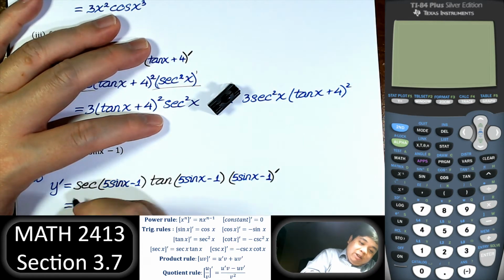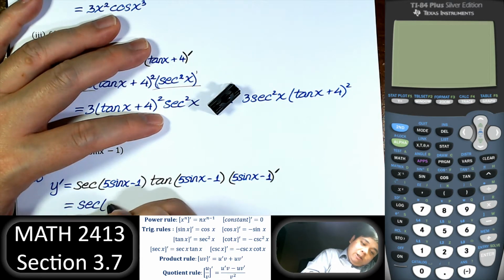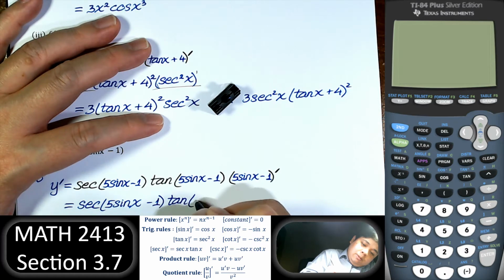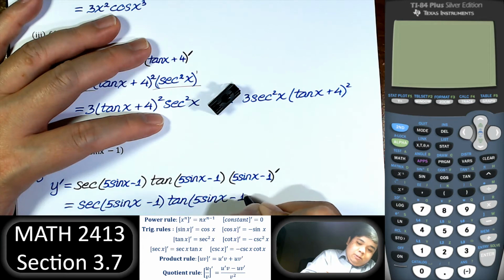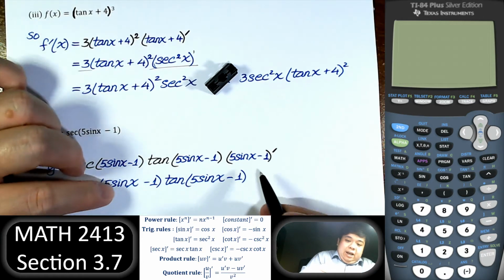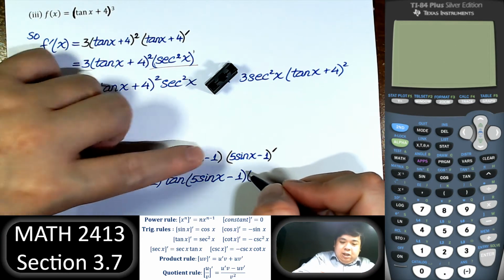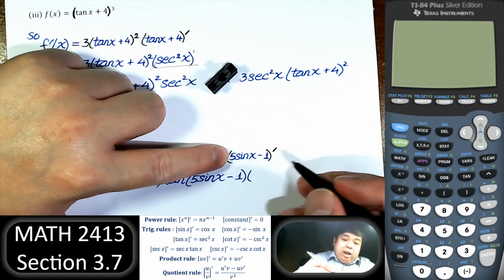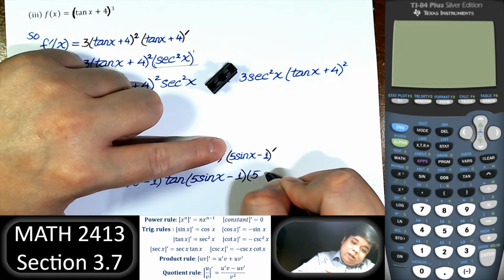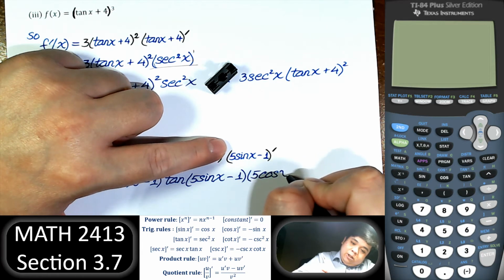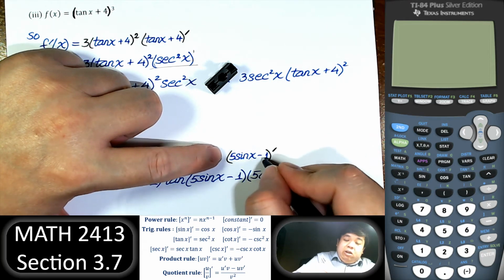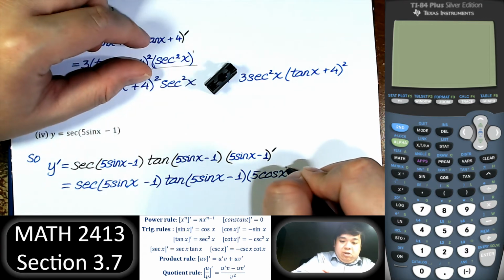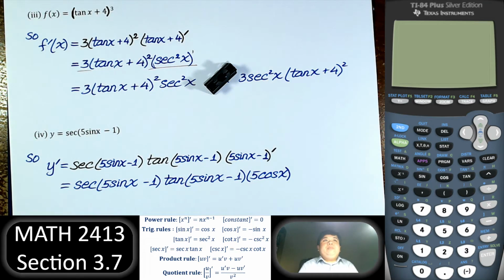So I rewrite everything else, and then the derivative of 5 sine x. The derivative of sine x is cosine x, with the 5 it will be 5 cosine x. And then the derivative of minus 1, a constant, is 0. So that's what we have.